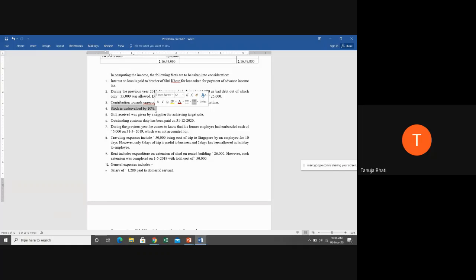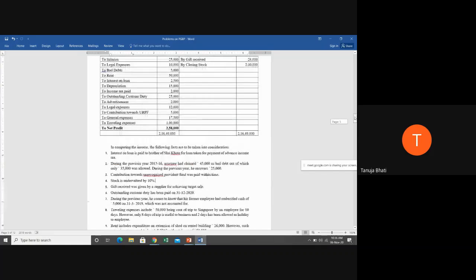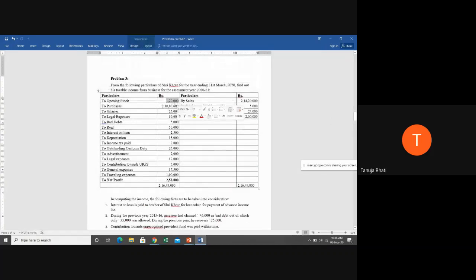Now, students, regarding the stock adjustment, I've already covered in my previous lecture the meaning of undervalued. That means here the stock is showing 1,20,000, but this is not the actual value. Whatever is the actual value, it is being shown less than the actual value.